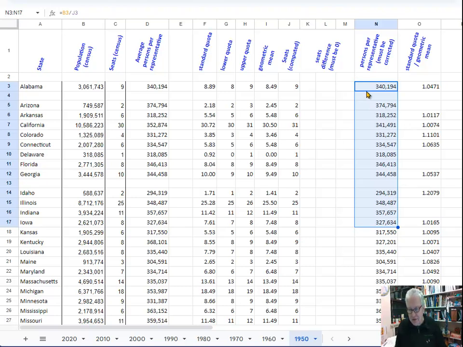And we can see that they're in the 300,000s, with a little bit of an outlier here, Idaho, 294,000. But of course, they're not the same. So some are larger, some are smaller, and that, you have to divide the total population by an integer number of seats. So hence, they cannot be the same.